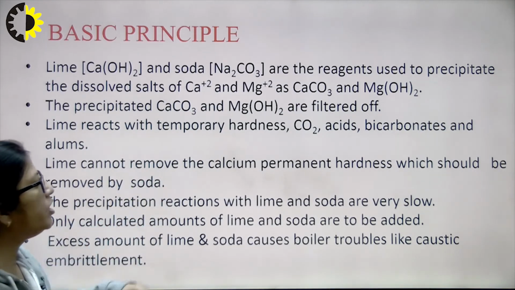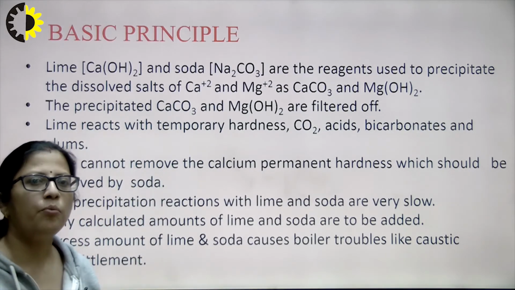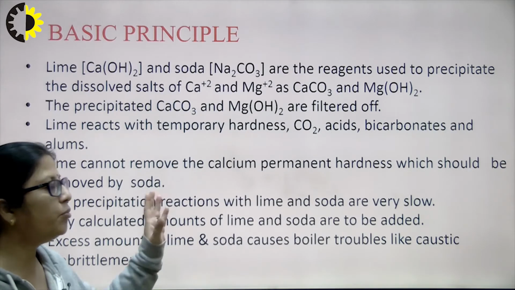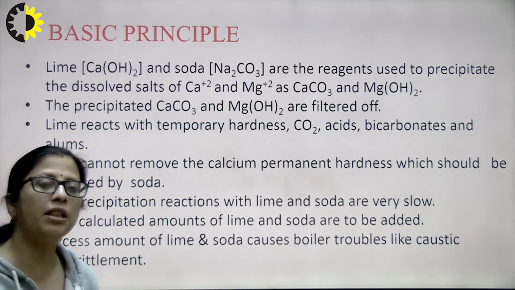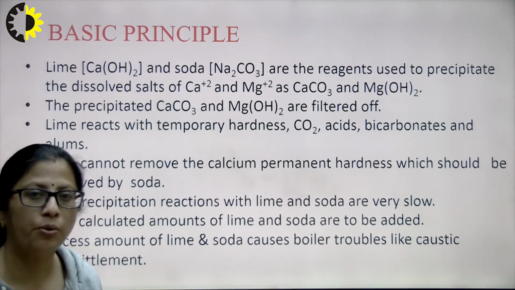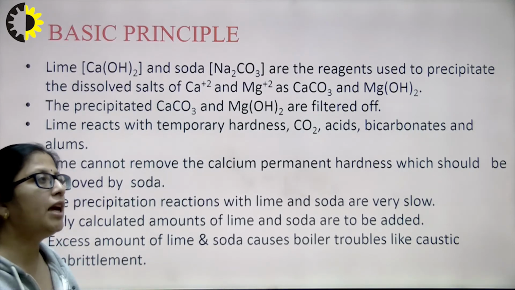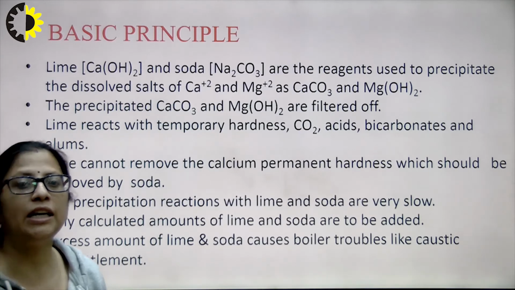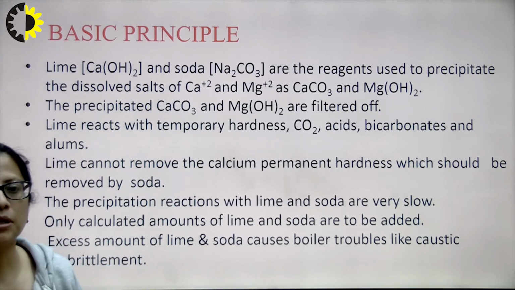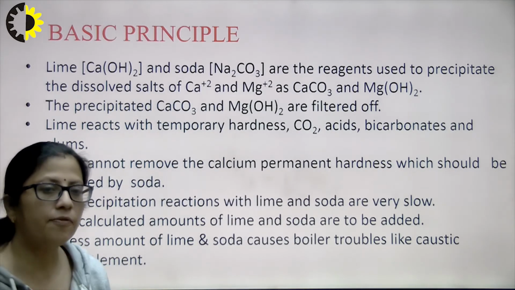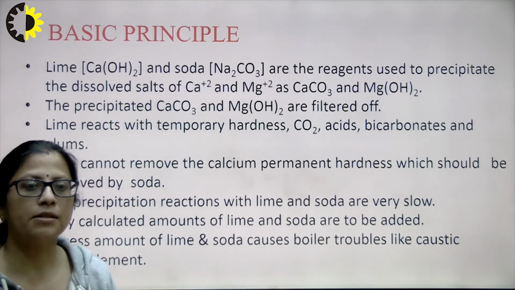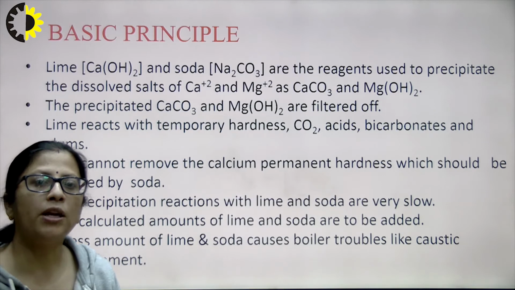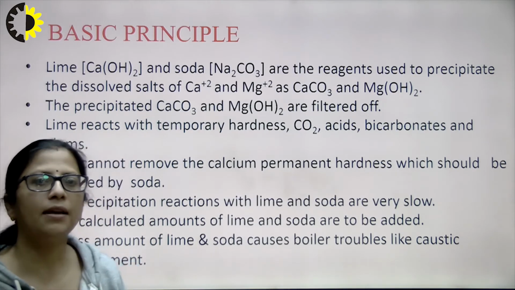Lime cannot remove the calcium permanent hardness, which is then removed by the soda. The precipitation reactions with lime and soda are very slow, and we add lime and soda only in calculated amounts, because an excess of lime and soda, if present in the boilers, is going to cause boiler troubles like caustic embrittlement.